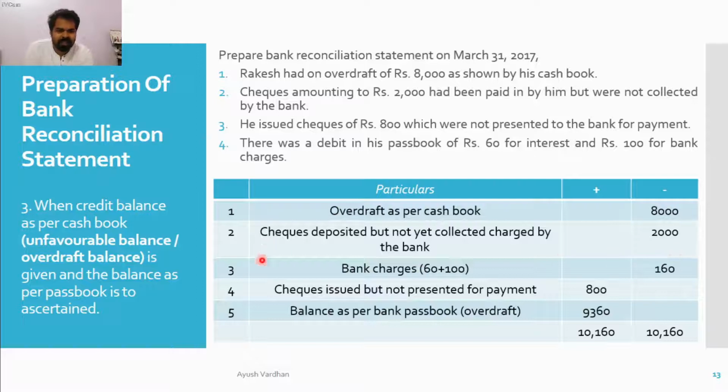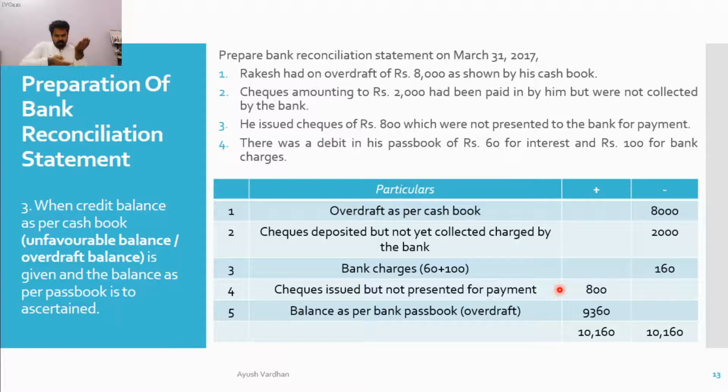Okay, now a check issued but not presented for payment. In that case, we have the 0 level again in both the cash book and the passbook. Rakesh has issued an 800 rupees check to Ramesh, and Ramesh has not gone to the bank.